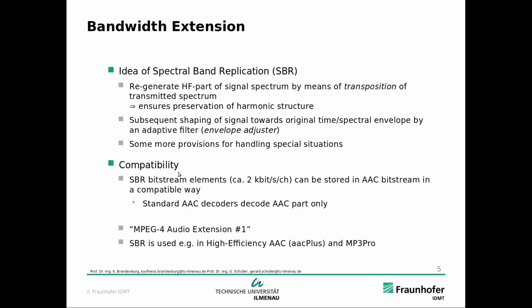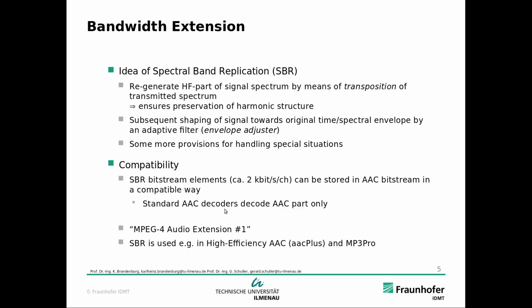So for compatibility, the spectral band replication bitstream elements, which are about 2 kilobits per second per channel, can be stored in the AAC bitstream in a compatible way. So that's convenient because that means that even if you don't use it, you can still encode the low frequency audio.